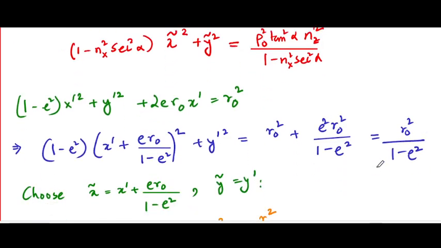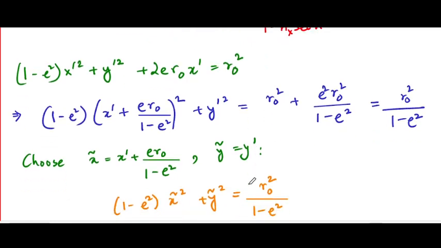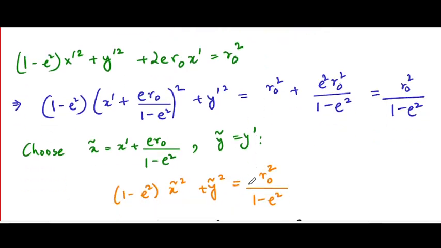And in order to do that, we will introduce the same coordinates x tilde, y tilde with respect to our new coordinate system. But x tilde is going to be x prime plus er0 by 1 minus e square. Y tilde is going to be y prime. And once you do that, this is the form the equation takes. Now it becomes very easy to compare the two equations.